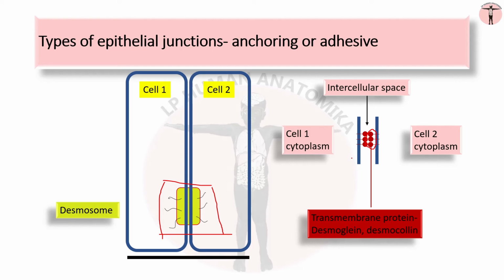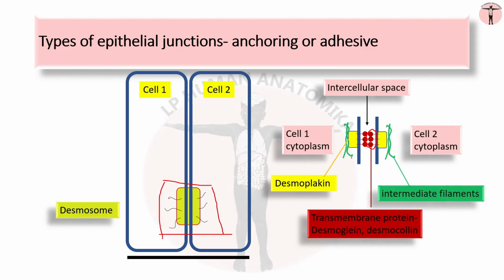The intracellular part of the transmembrane protein binds to the cytoplasmic plaque made of protein desmoplakin. This cytoplasmic plaque is attached to the intermediate filaments. Desmosomes provide resistance against the shearing force between neighboring epithelial cells. Hence, they are more abundant in the epithelium subjected to mechanical stresses such as epidermis of the skin.